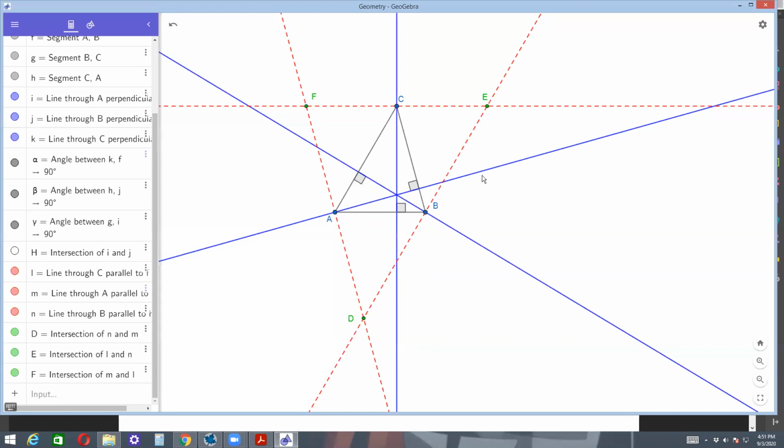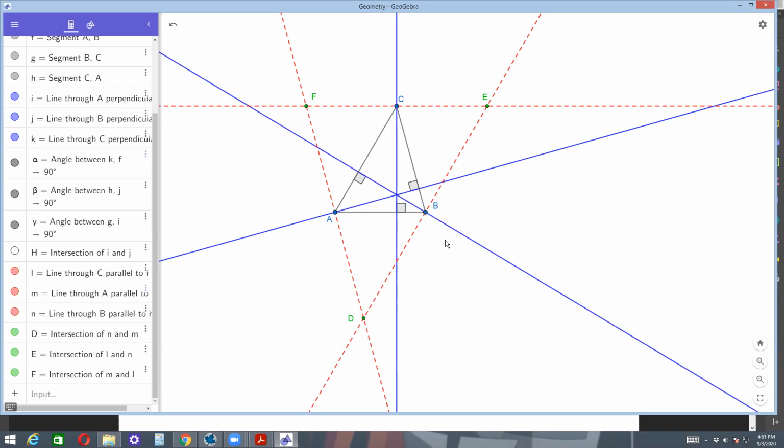So what are the blue lines with respect to triangle DEF? Remember, the blue lines are perpendicular to the sides and they pass through the midpoints. Perpendicular bisectors. Correct. So we start with triangle ABC and we constructed a triangle DEF such that the altitudes of ABC are actually perpendicular bisectors of DEF.